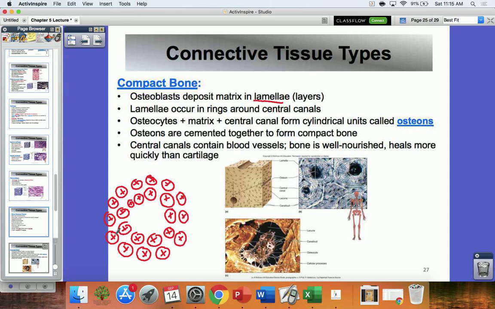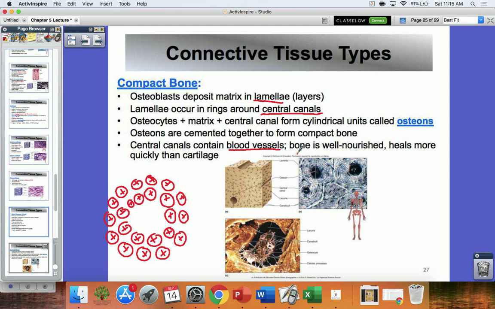And then we have lamellae, which are these rings that have formed. The center part, we have nothing here. That's going to be called the central canal. And within the central canal is where we have blood vessels, we have nerves, because of course bone is an organ.